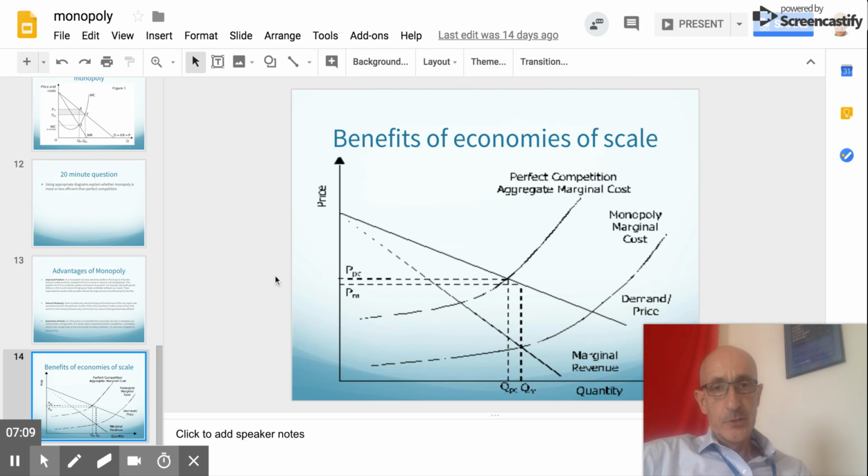They're able to produce at a much lower cost than perhaps a more competitive market would. And you can see on this diagram the monopoly marginal cost curve has shifted to the right. And so their equilibrium point where marginal cost equals marginal revenue is here. And that turns out to be at a lower price and a higher output than a more competitive market solution might demonstrate.